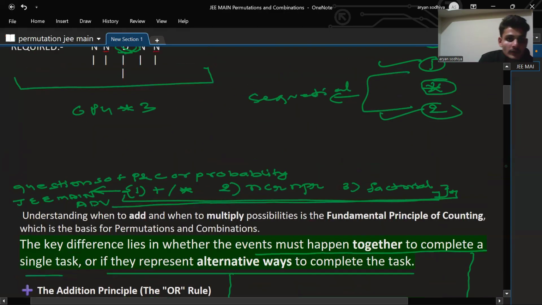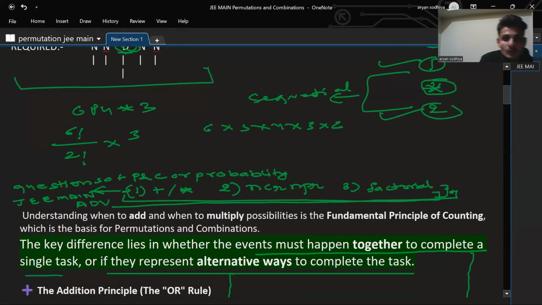So what is 6P4? 6 factorial upon 2 factorial, into 3. So 6 into 5 into 4 into 3 into 2 divided by 2, into 3.